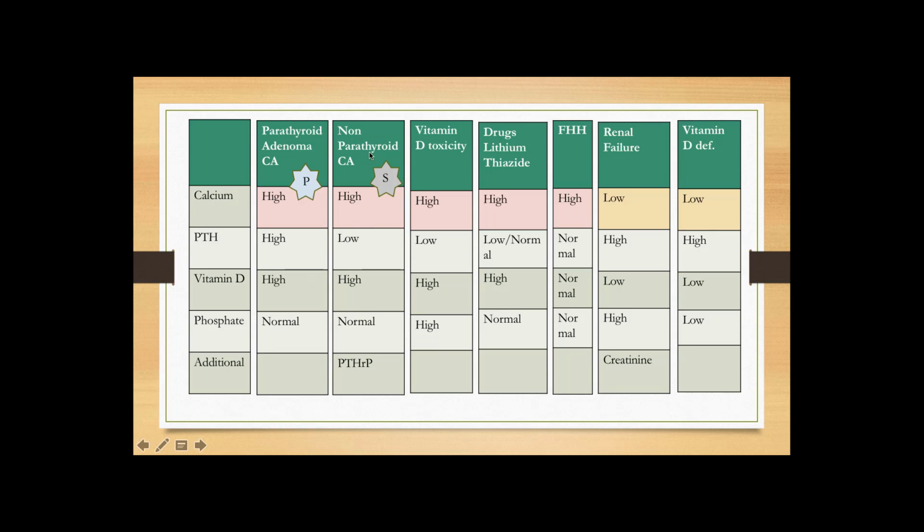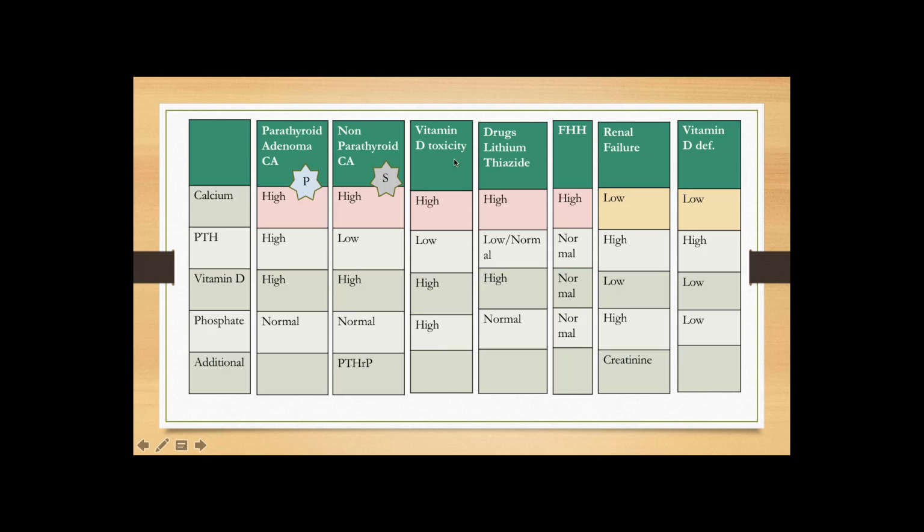And in non-parathyroid cancer, your calcium will be high, but parathyroid hormone will be low, vitamin D will be high, and then phosphate will be normal. So you can see that they are very similar to each other, except that parathyroid hormone is low in the secondary hyperparathyroidism. And then on the other hand, you can encounter 3 other situations where calcium will be high.